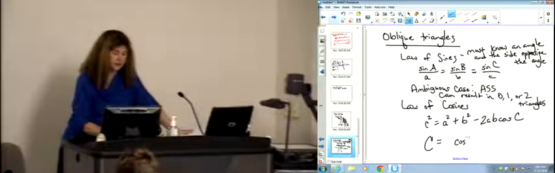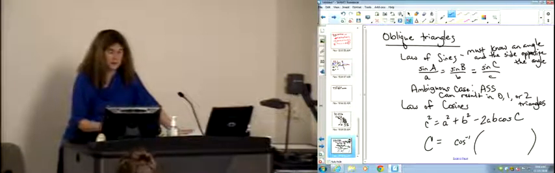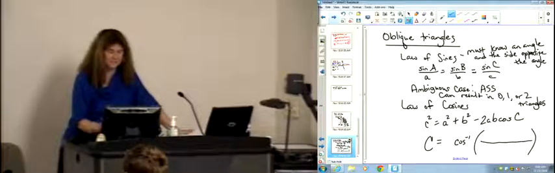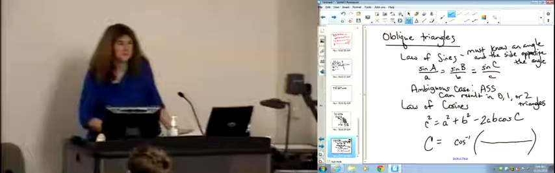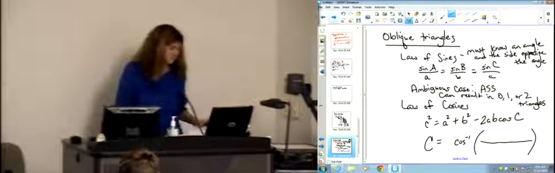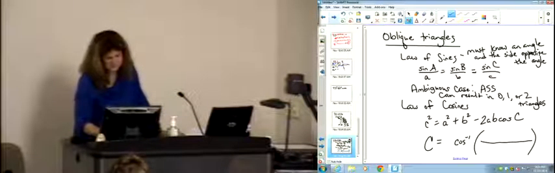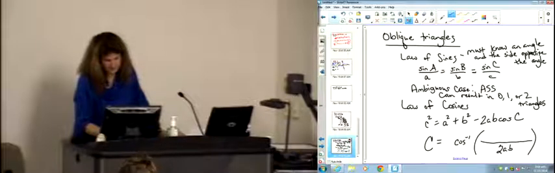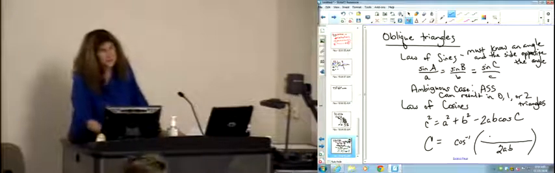Well, inverse cosine, right? Of what? A squared plus B squared minus C squared over 2 times A and B.